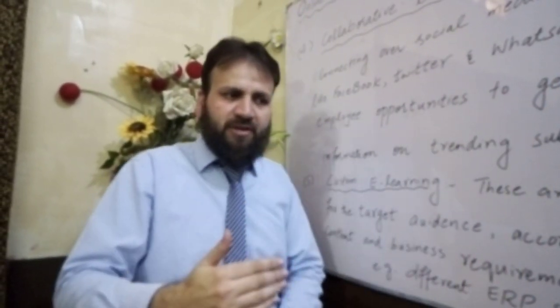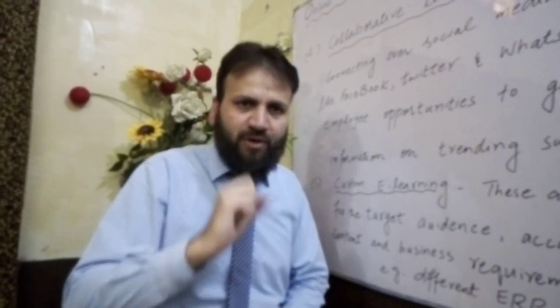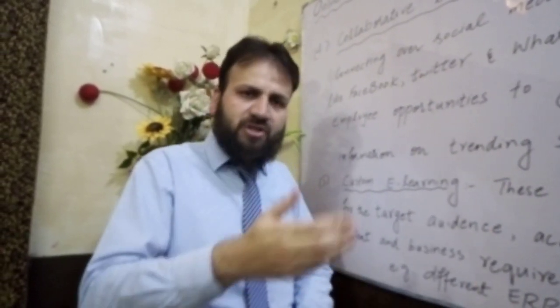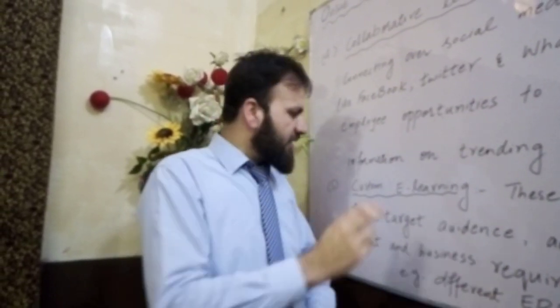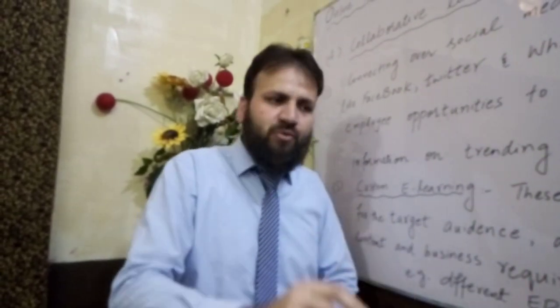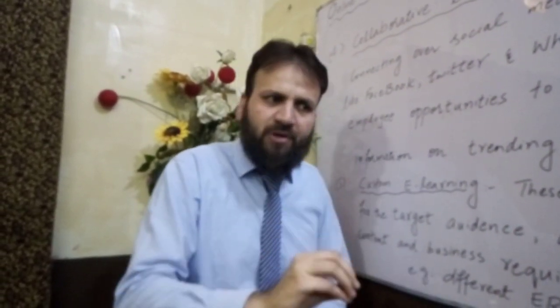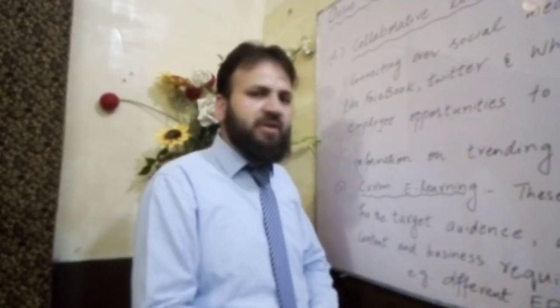Specified students require specified types of software, so we have to install that particular software for them. This is known as custom e-learning: we need customized software to explain our particular topic related to that particular field.